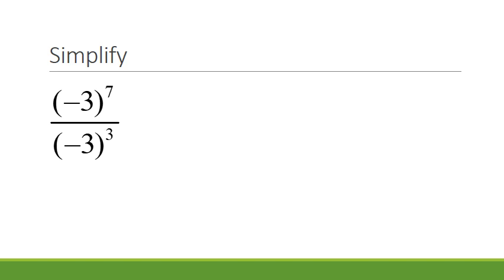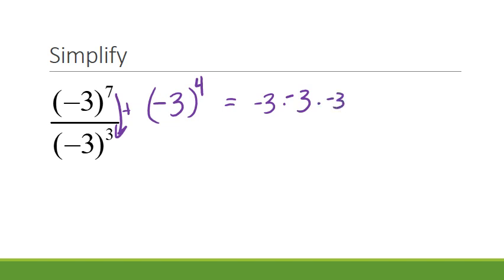All right, please pause the video and try this one. This one looks a little different because my base is a negative 3, but that shouldn't change anything. Keep the common base, subtract the exponents, the larger one's on top, so it's going to stay on top. Now, let's take this a step further. This is a number to a small exponent. I can solve that. This means negative 3 times negative 3 times negative 3 times negative 3.